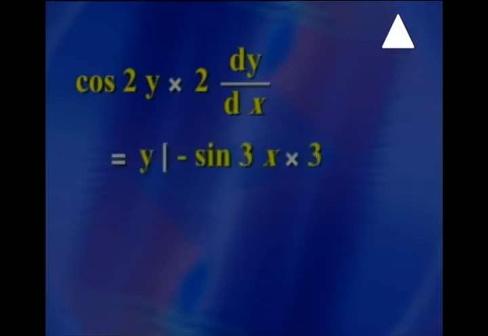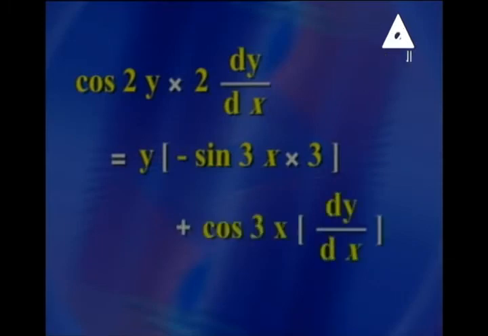Look, dear student, the solution is cosine 2y multiplied by 2 times dy over dx on the left-hand side; on the right-hand side, y multiplied by negative sine 3x multiplied by 3, plus cosine 3x times dy over dx.